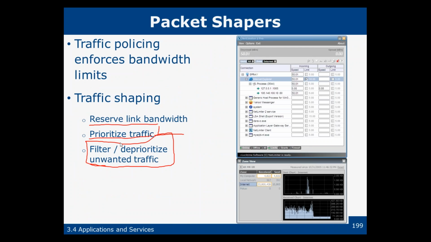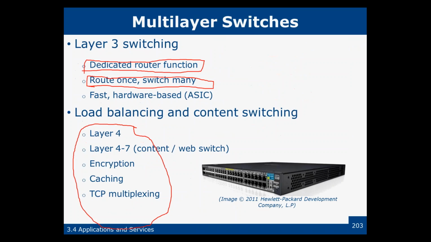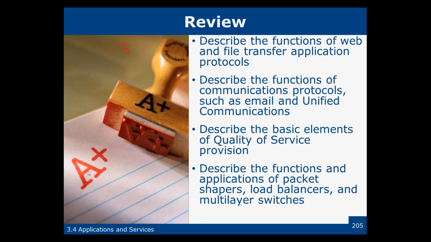Yep, priority. It can reserve bandwidth. Right here, reserve link bandwidth and prioritize traffic. It does both. So it can make your real-time things better, more, I would say reliable, but more hearable, readable, seeable.